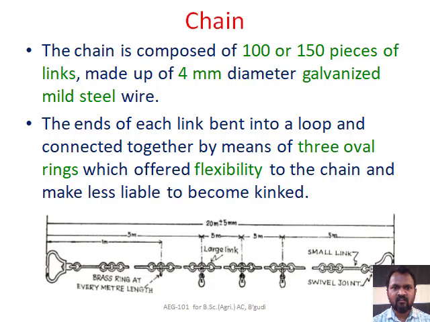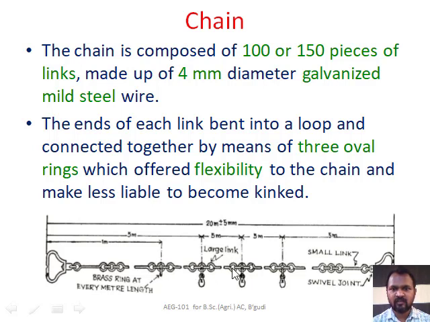The end of each link will be having a loop, and 3 oval rings will be provided, which will offer flexibility to the chain and make it less liable to become kinked. So all these links are attached with the 3 oval shaped rings.